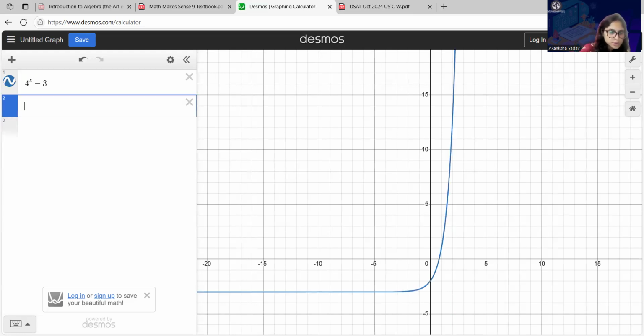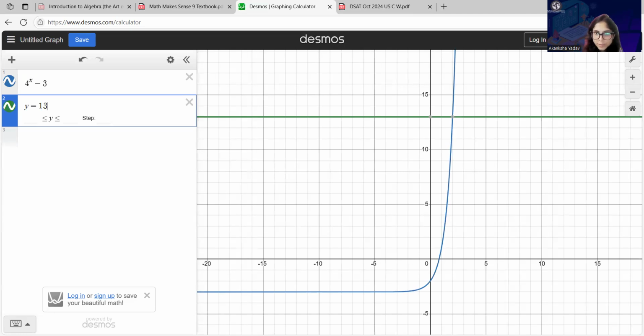And you can write y is equal to 13. And now look at the point of intersection. Point of intersection is x is equal to 2. So 2 is your answer. So in case of linear and quadratic, we are just looking at the x-intercepts. But in case of any other equation, we're splitting them into two parts and we're looking at point of intersection.